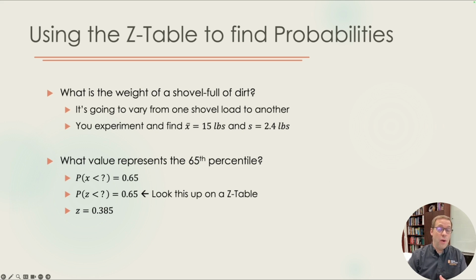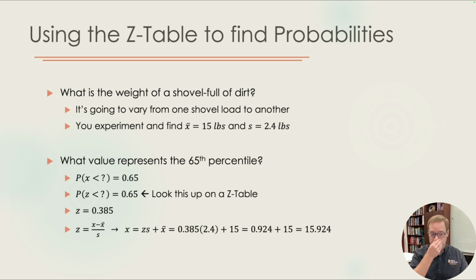So now we're going to reverse engineer this. Remember, we used to have values and translate them to z-scores. Now we're going to take our z-score and translate it back to a value. So here is the z-score equation. A z-score is the value minus the mean divided by the standard deviation. If we solve for x, then x is going to be the z-score times the standard deviation plus the mean.